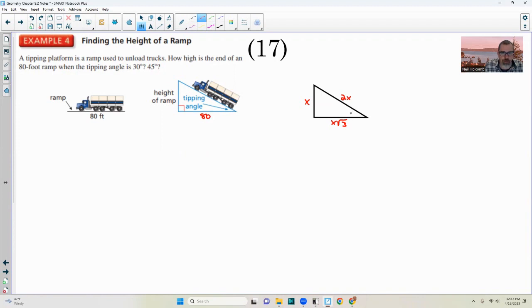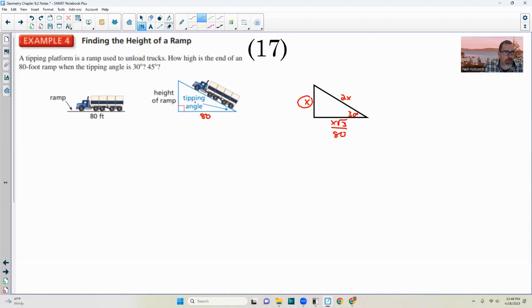So let's first start with 30 degrees. Okay. And so we're trying to find this value here when we know this is 80. So what's the question asking? How high is the end of the ramp?